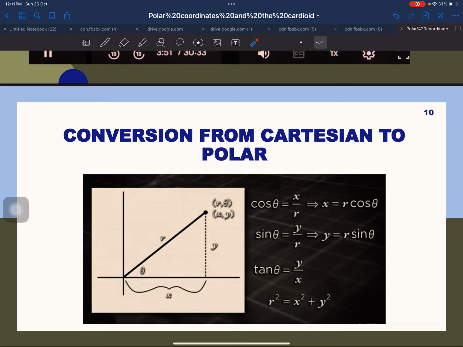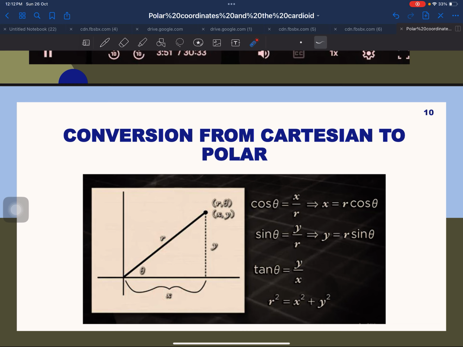So if you have a point (x, y), and I'll put it in the first quadrant to simplify things, and its polar coordinates (r, theta), well, then you can immediately see that cosine of theta would be x over r.